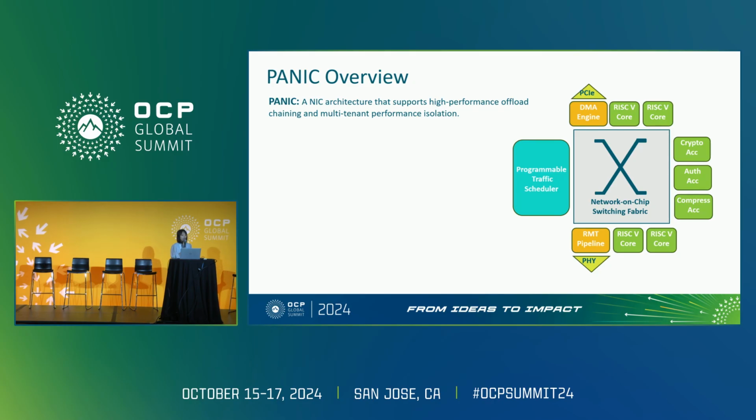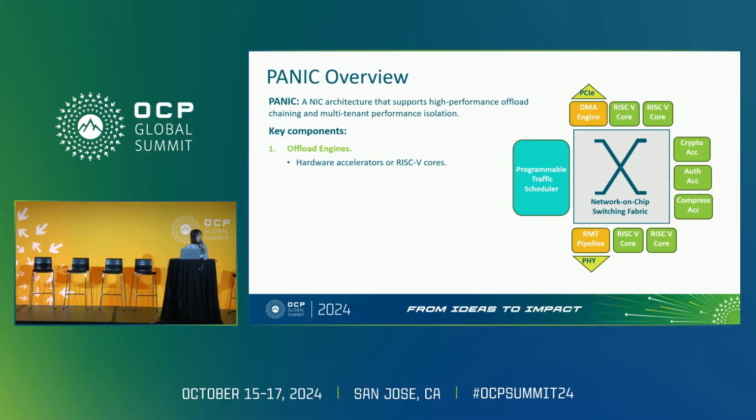To this end, we introduce our PANIC architecture design, which is a hardware design that supports high-performance offload chaining and multi-tenant performance isolation. There are the following key components in this architecture. First, as you can see, all the green modules are the offload engines inside PANIC.